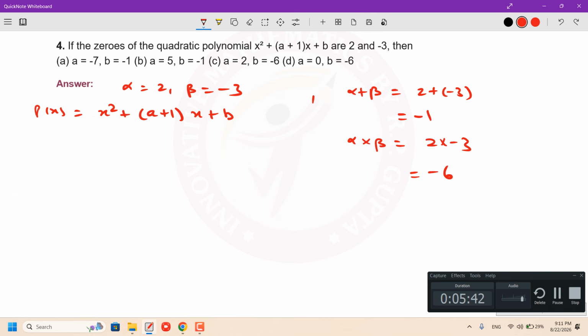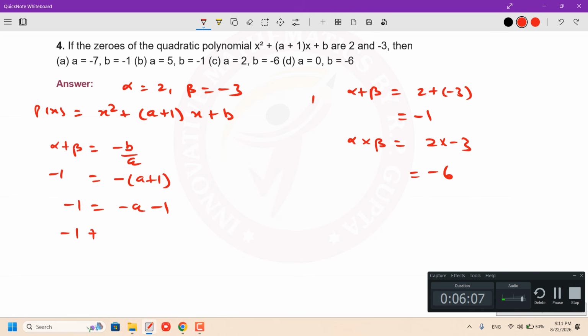Alpha plus beta is minus b by a. So alpha plus beta, whose value is minus 1, is equal to minus a plus 1 upon 1. So minus 1 equals minus a minus 1.